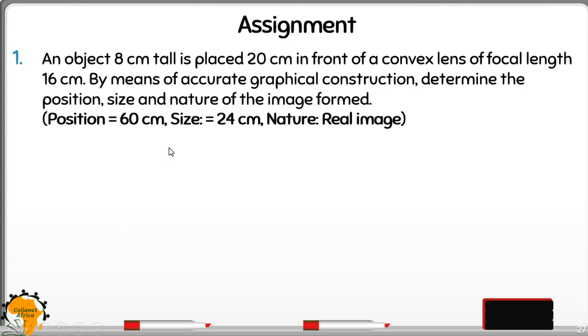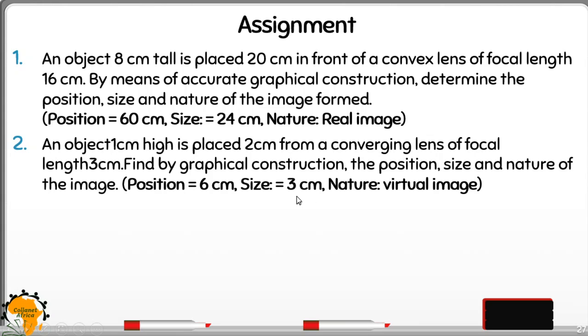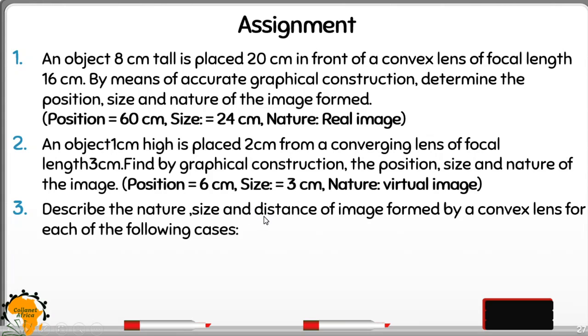This will help you to draw straight lines. It will help you to draw accurately without drawing thick lines. So draw accurately and use the appropriate scale so that you can locate the image, and make sure that you practice so that you can get the answers provided.